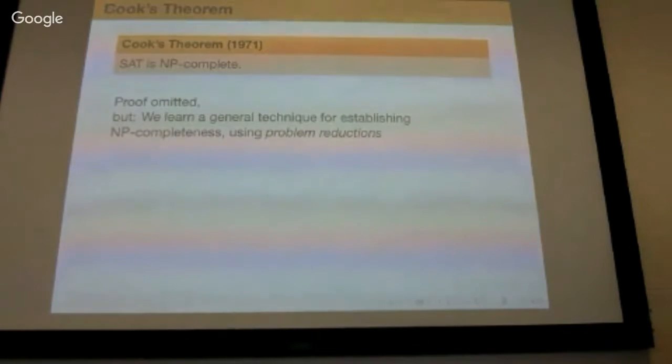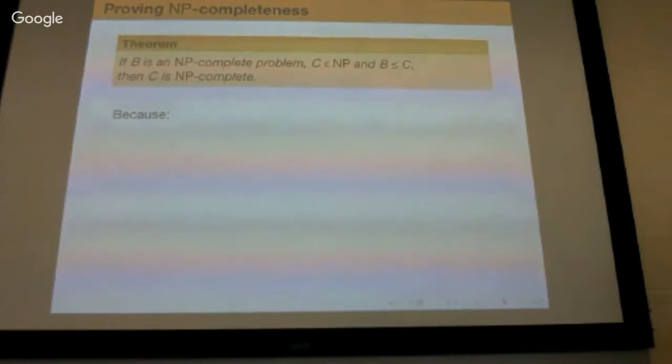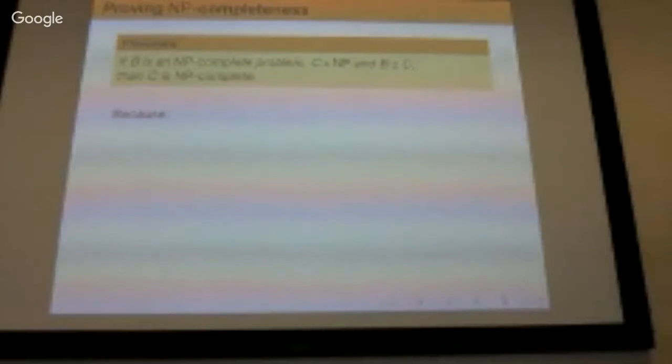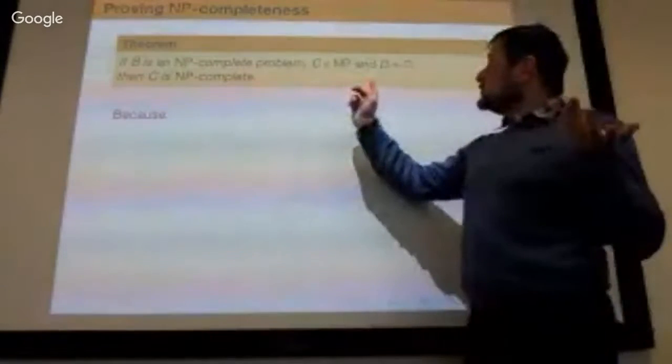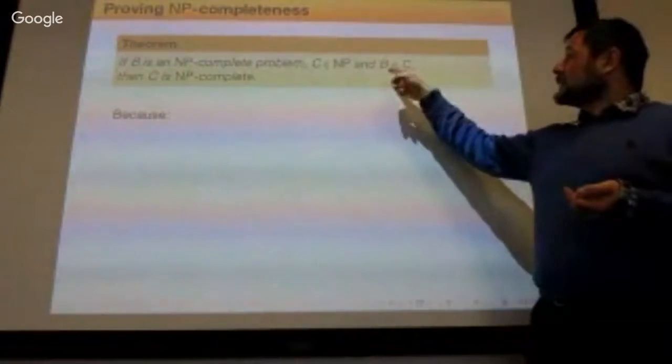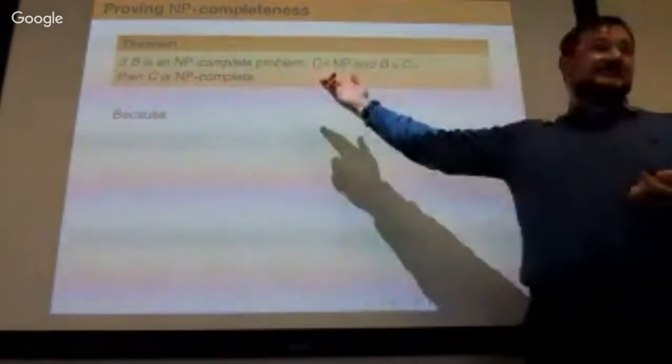But luckily, if you have one NP-complete problem, then everything gets much easier, because you can reduce that complete problem to something else, and that something else is also NP-hard.